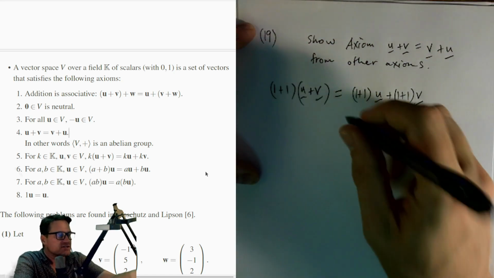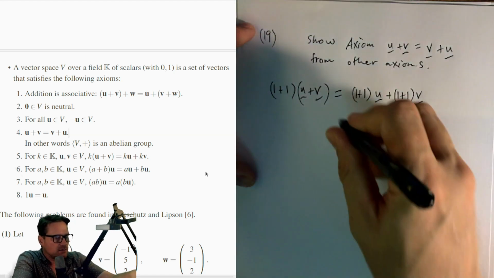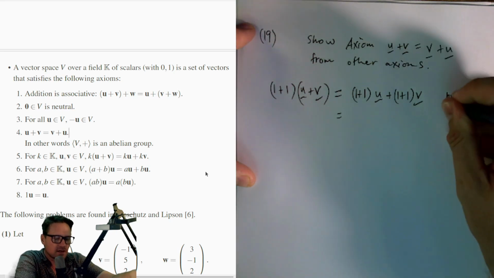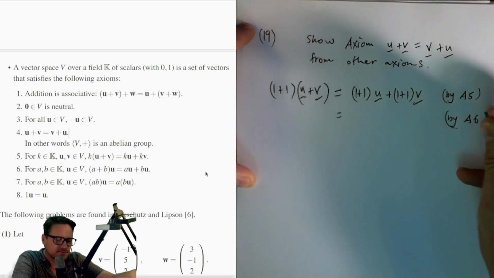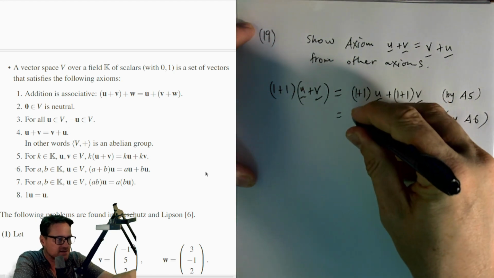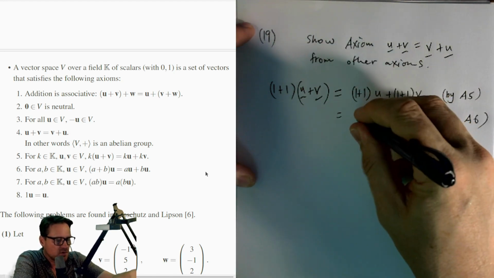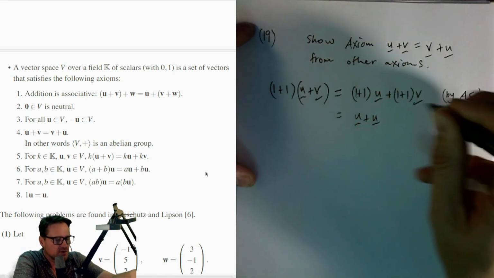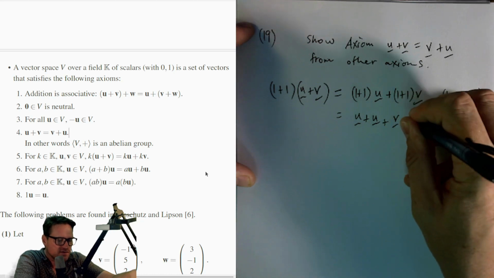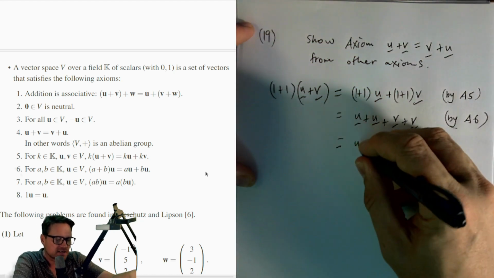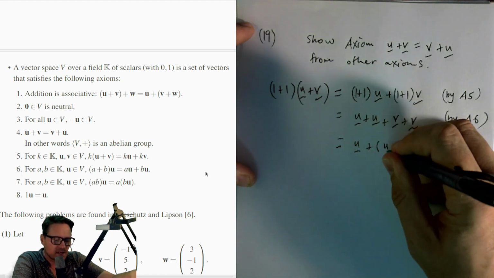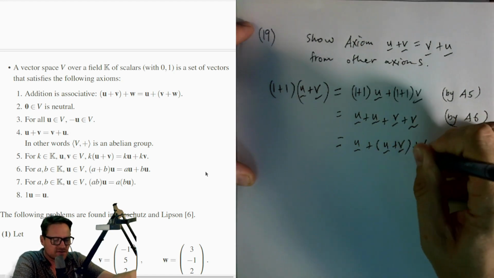Then by A5 and this one by A6, the sixth axiom tells us that this is 1 times u, or just u, plus u, and then plus v plus v.